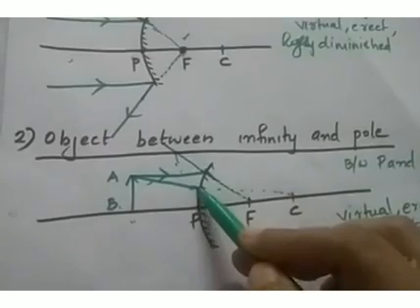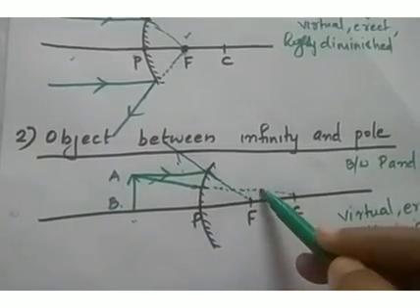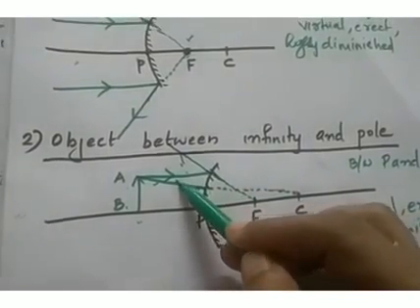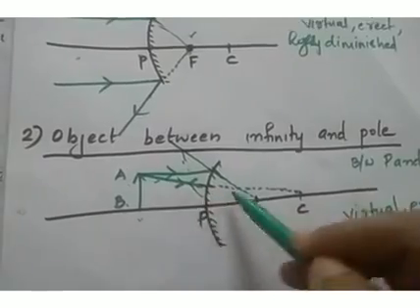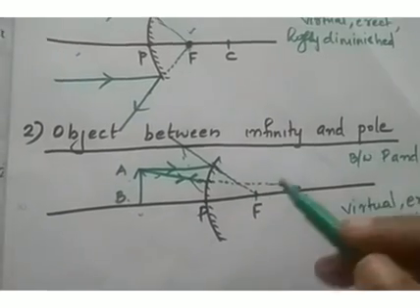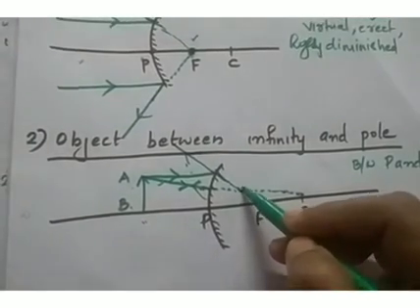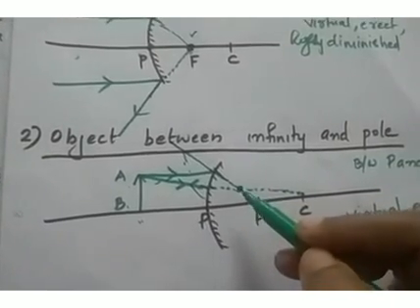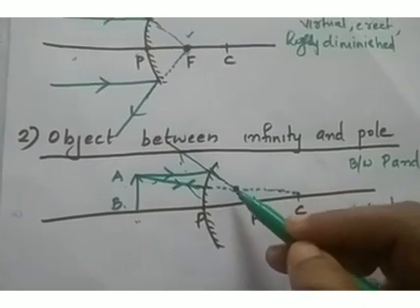And this ray appears to pass through center of curvature. It retraces its path, isn't it? It retraces its path like this. This is the third rule of convex mirror. And both the dotted lines meet here. So here you will get the image, and here the rays don't actually meet, they just appear to meet.